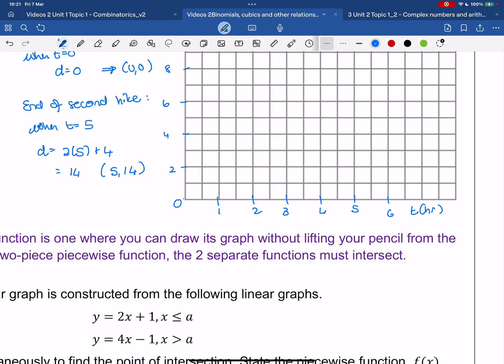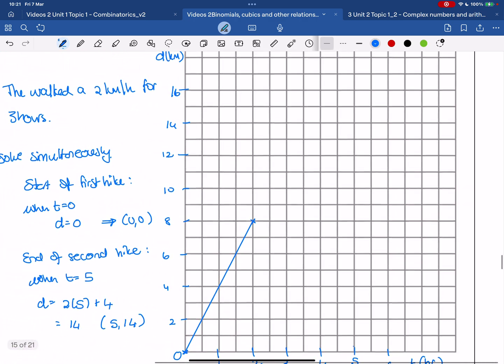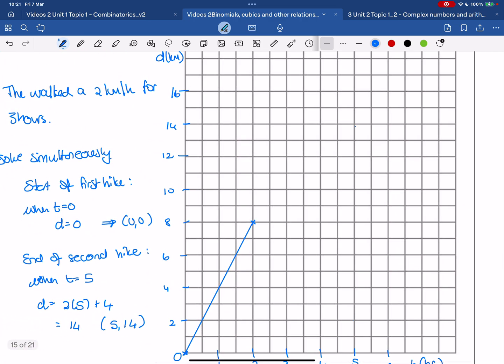And I know that my first part of my hike starts at 0, 0 and ends at 2 and 8. So my first line is up here. And then my second part of my hike starts at 2, 8 and ends at 5 and 14. So my second part of my hike is over here.